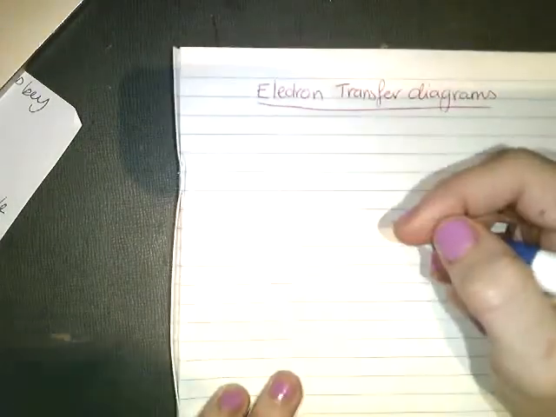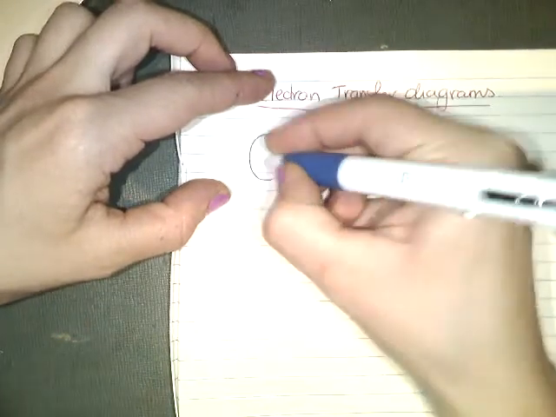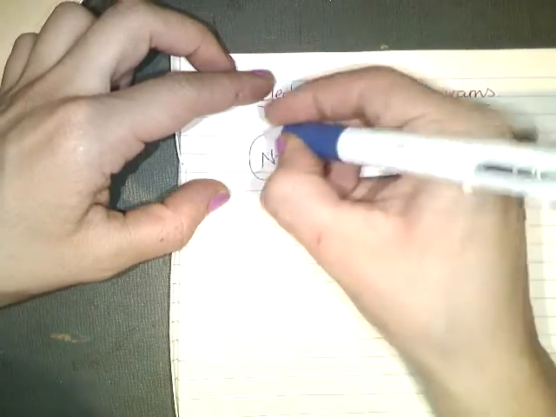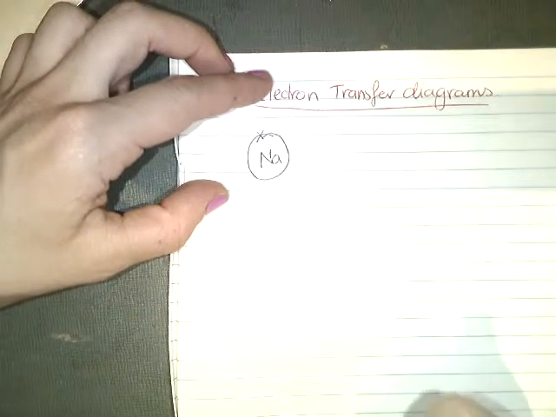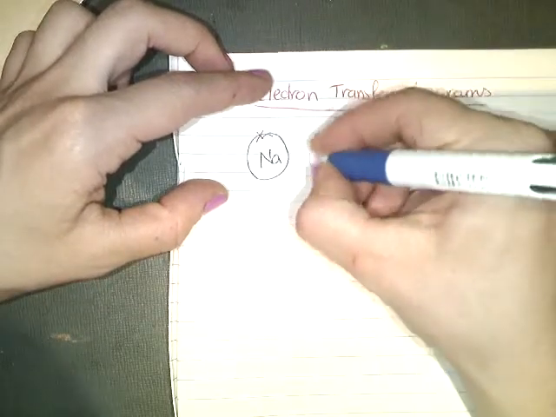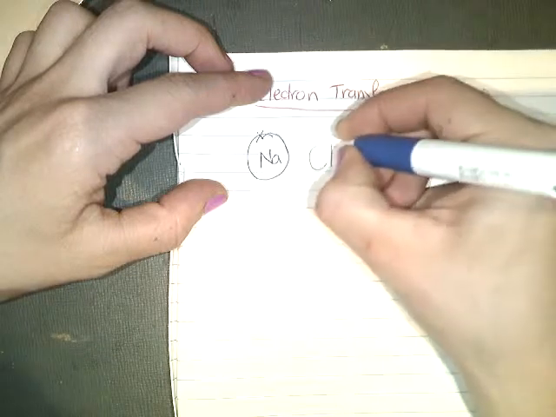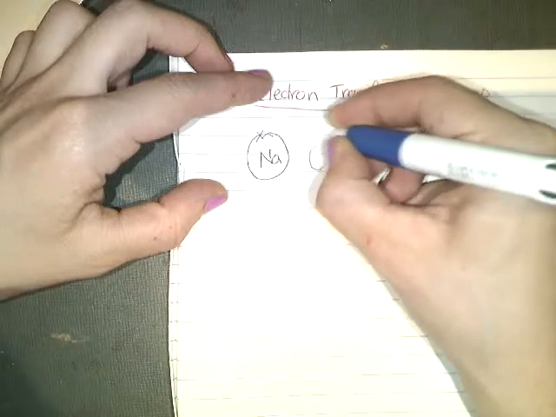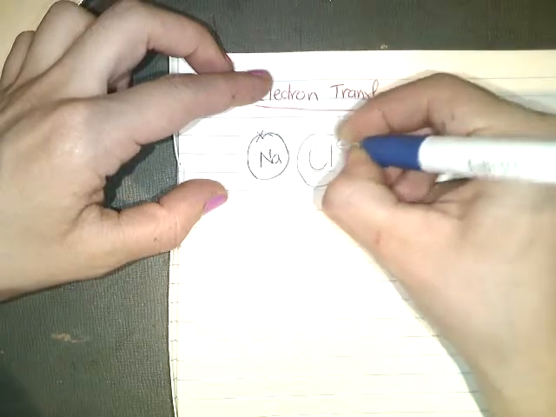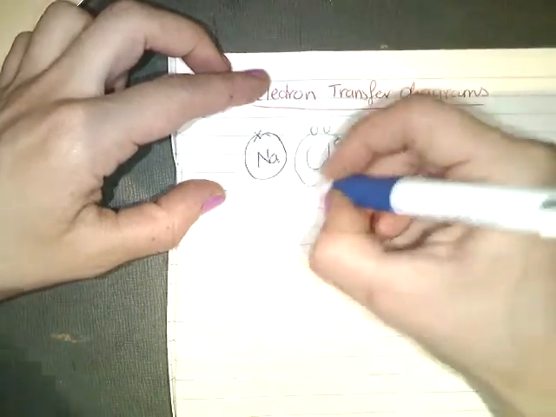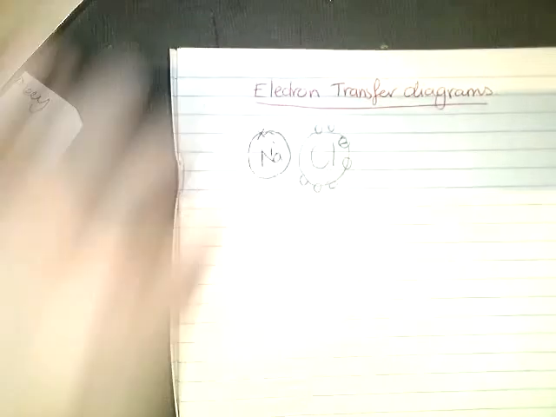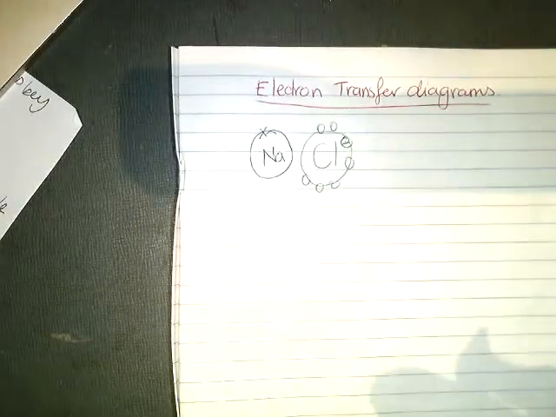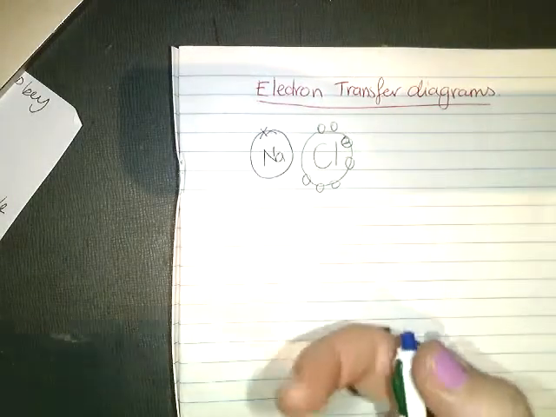Okay, so let's say we've got sodium here. Sodium has one electron in its outer shell, whereas chlorine has 1, 2, 3, 4, 5, 6, 7. Okay, just imagine it like a marriage made in heaven.